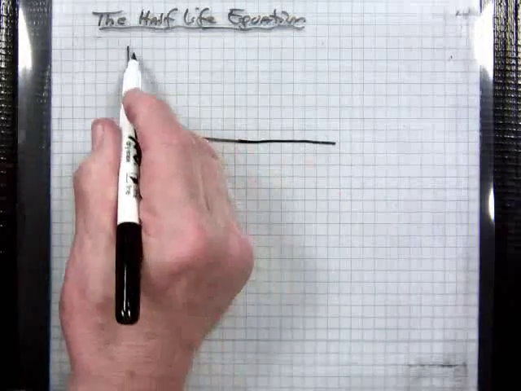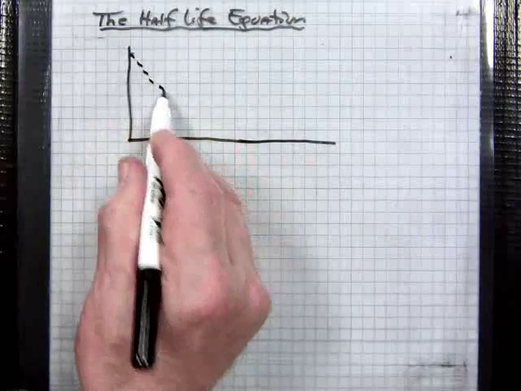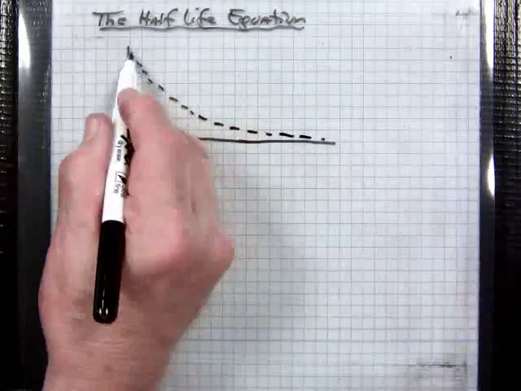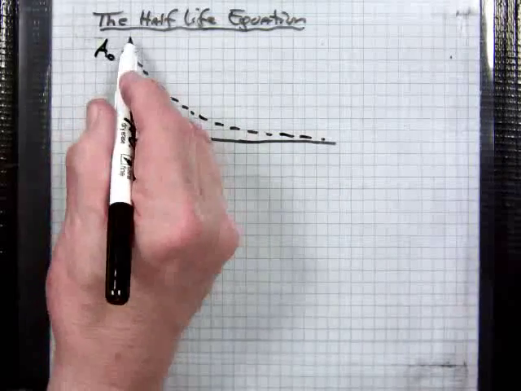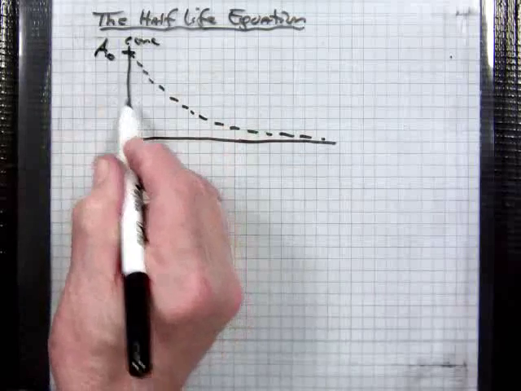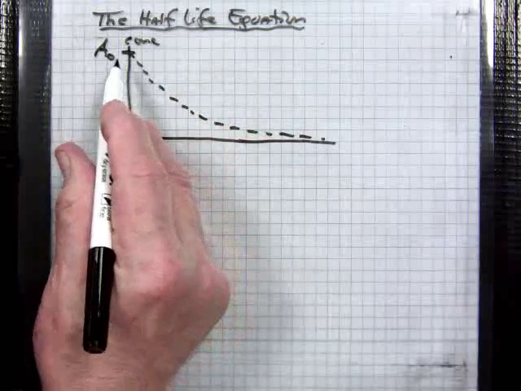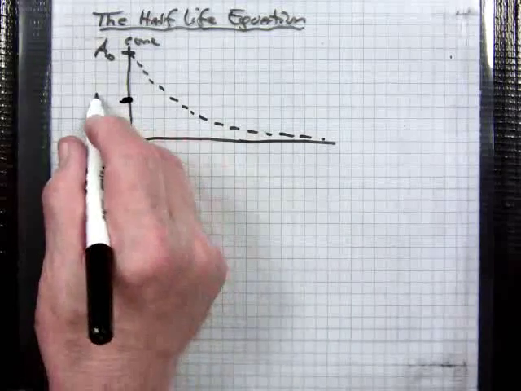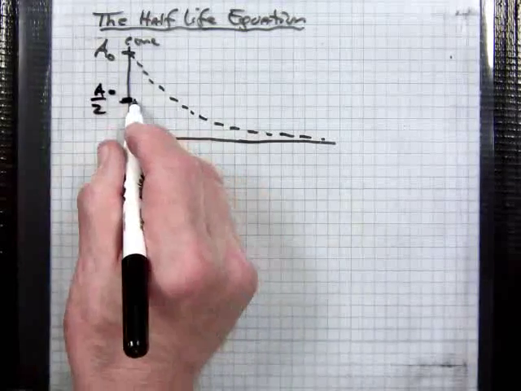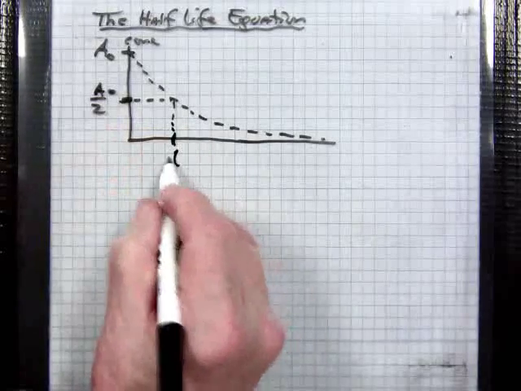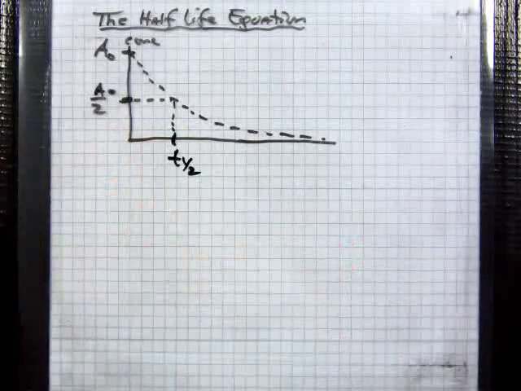We'll go ahead and redraw the curve. And so this is A naught concentration, and then we'll go say somewhere right in here, I guess, A naught over 2. And so there's your T1/2 right there.